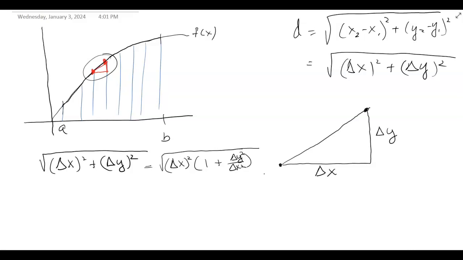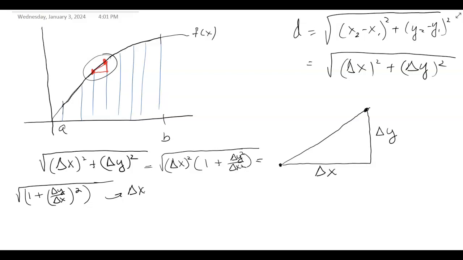Well, that is going to then equal 1 plus change in y over change in x, squared. And then I have this delta x squared, but I'm going to move that outside as just a delta x and take away the square because it's now outside the radical.